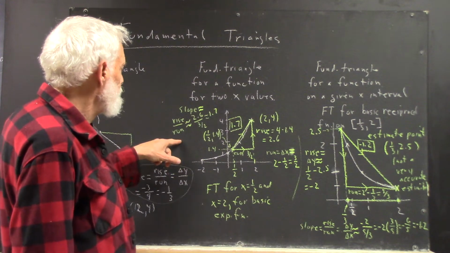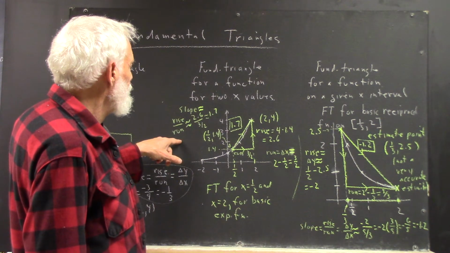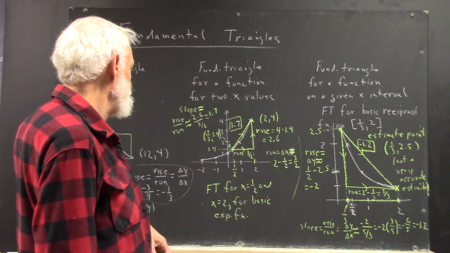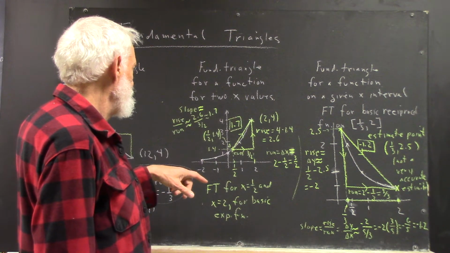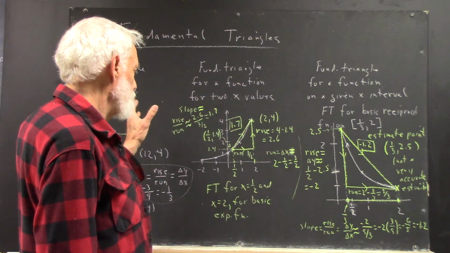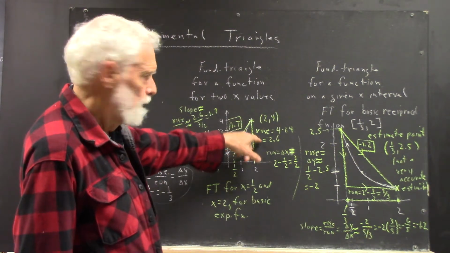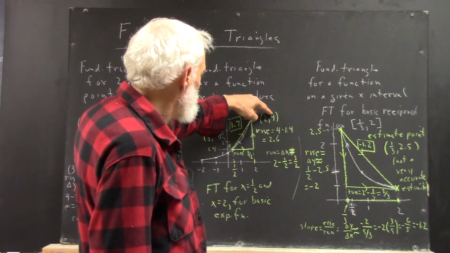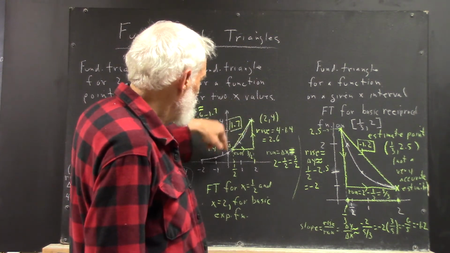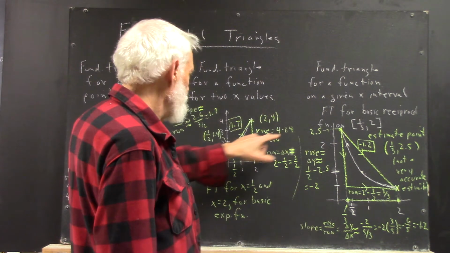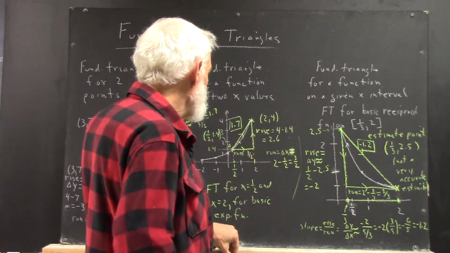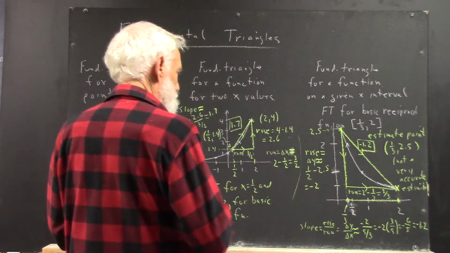The rise is here. The rise is the y-coordinate at the end of the path minus the y-coordinate at the beginning of the path, 4 minus 1.4, and that's the one that's approximate.